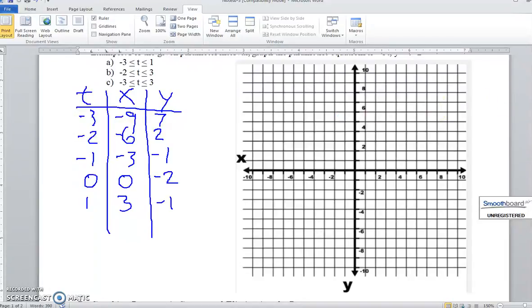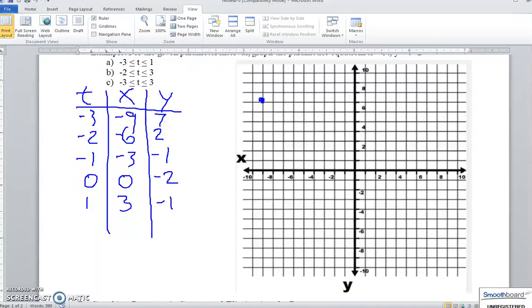You can see that we plug things in several times, but now when I graph, I just graph x and y like I normally do. We're going to graph something at -9, 7. So there's a point right there: 1, 2, 3, 4, 5, 6, 7.